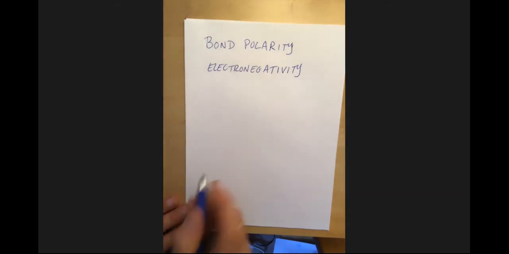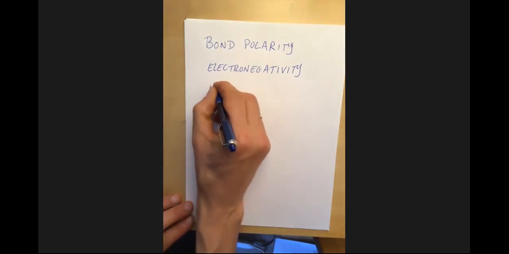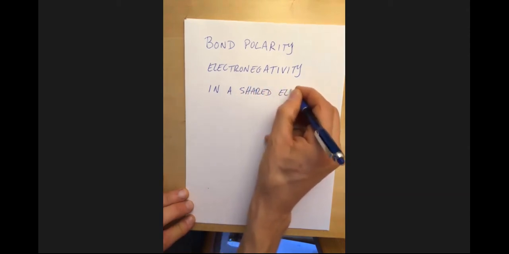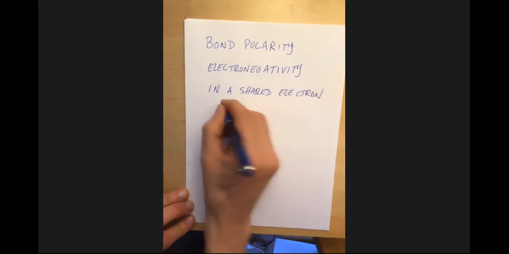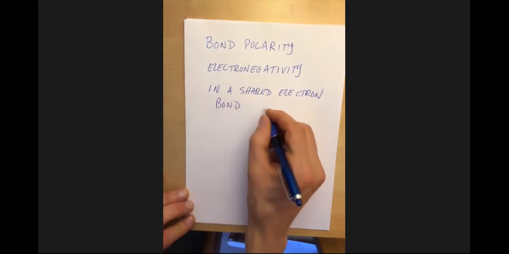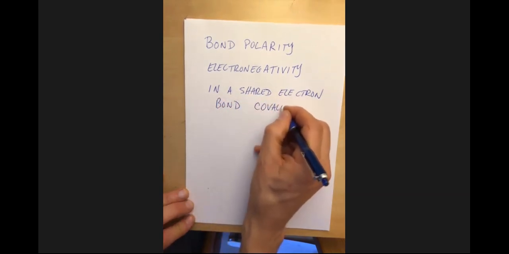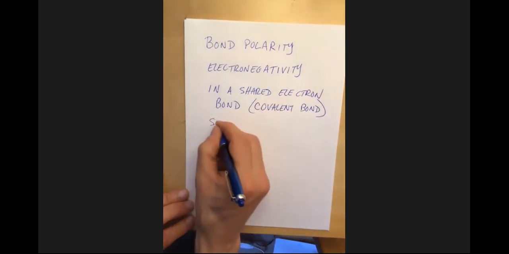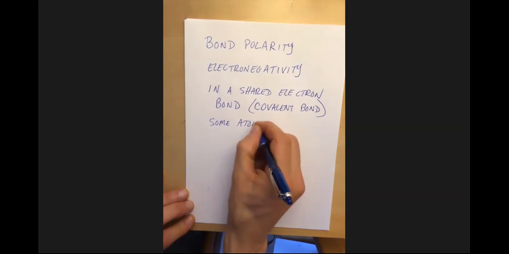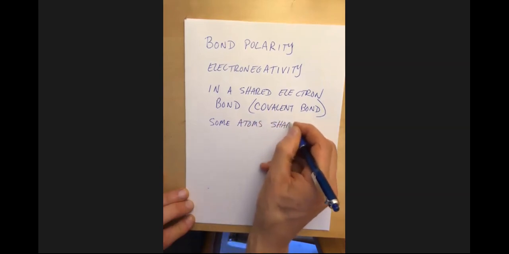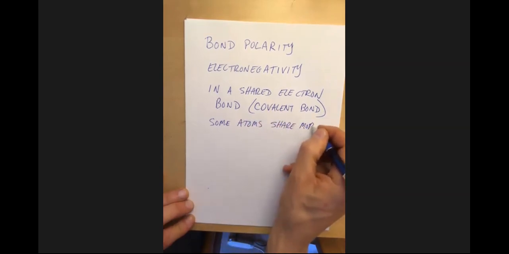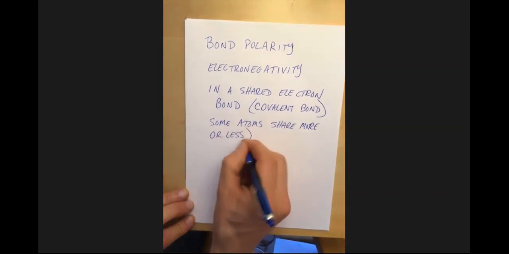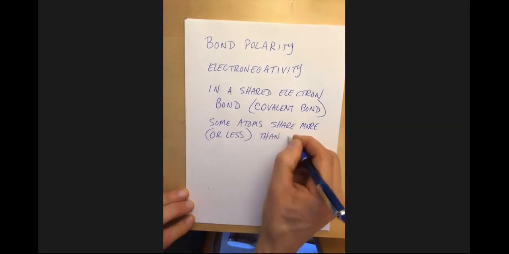So in a shared electron bond, I guess we mean covalent bond, some atoms share more or less, I guess, than others.